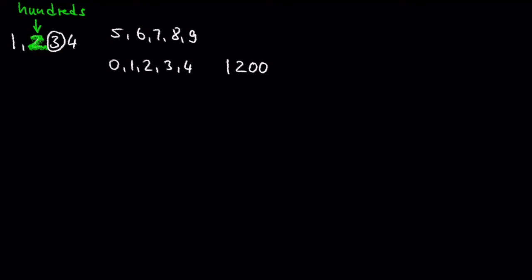We have 2 cases. If the digit is 0, 1, 2, 3 or 4, we keep the 2 and we replace the digits to the right with zeros. In other words, we replace the 3 and 4 with zeros. This is also known as rounding the number down.